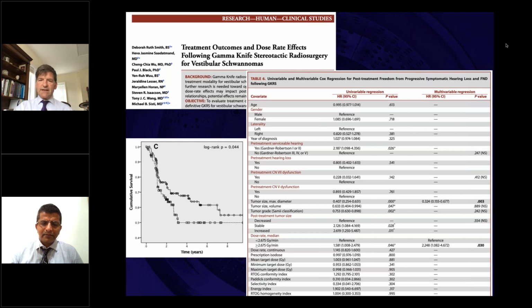You can see that in this table here. For multivariable regression, tumor size and dose rate were the only two statistically significant parameters, not dose, it was dose rate.